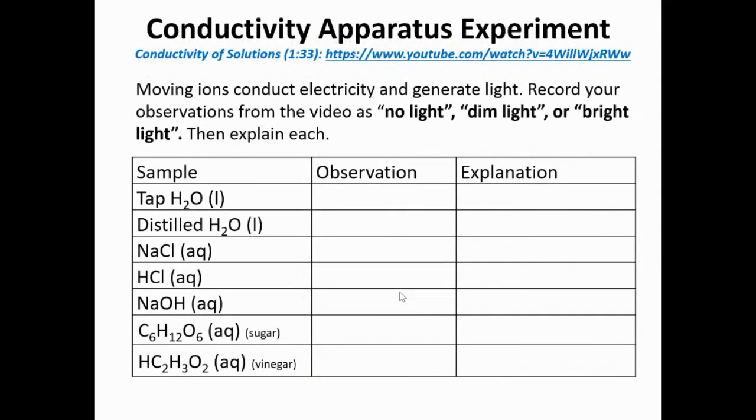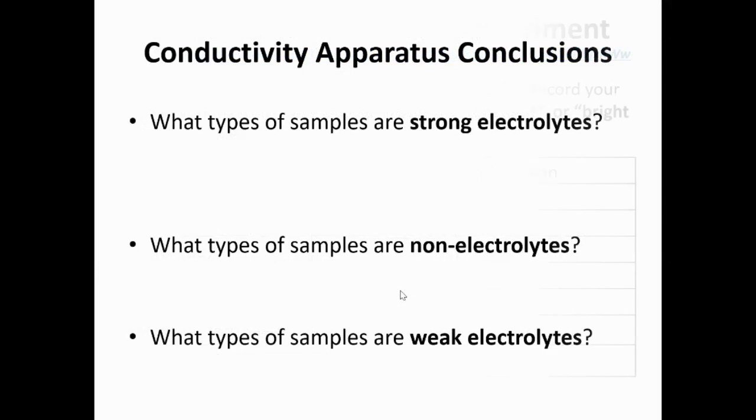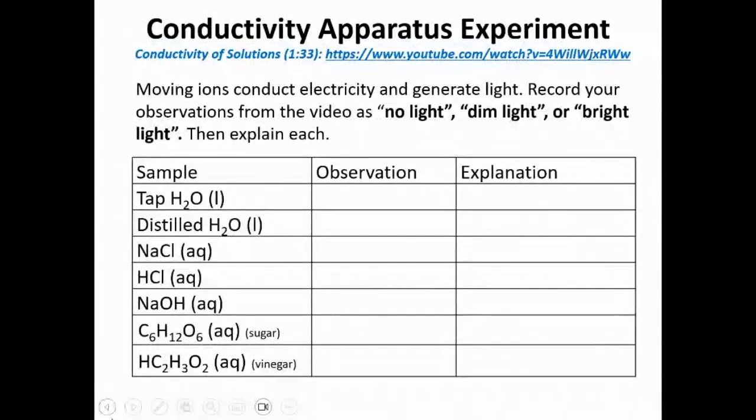We'll start with tap water. If we were to use that apparatus with tap water, we would find that the bulb would burn dimly. And the bulb would burn dimly because water is a substance that contains impurities, and those impurities are ions.